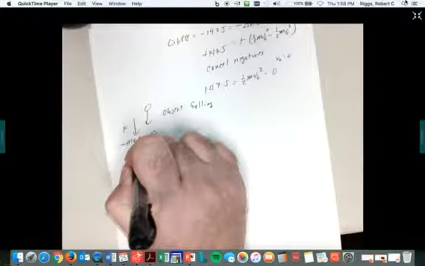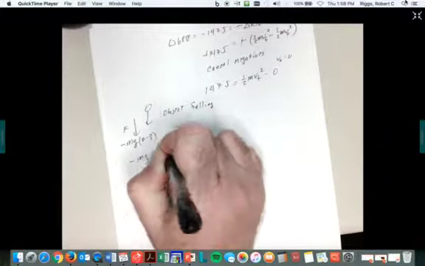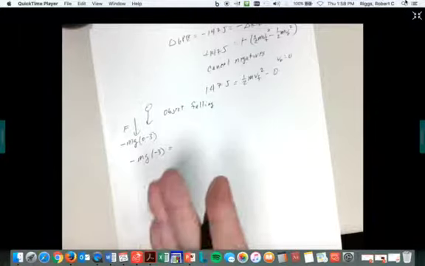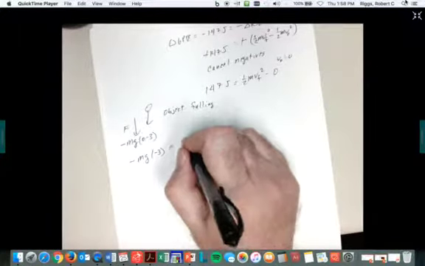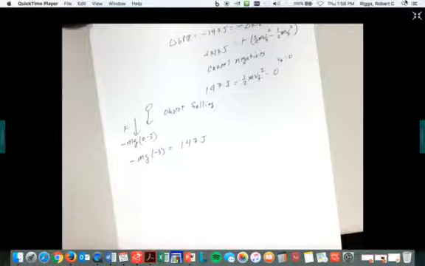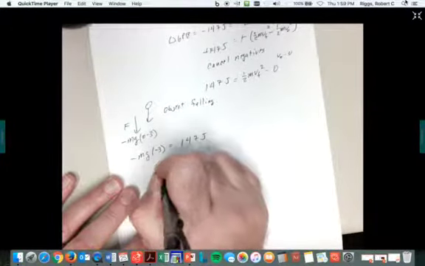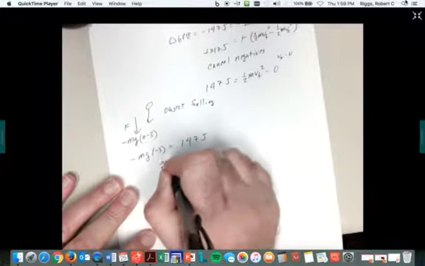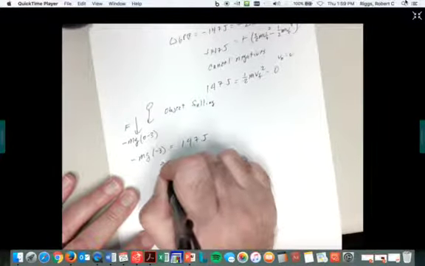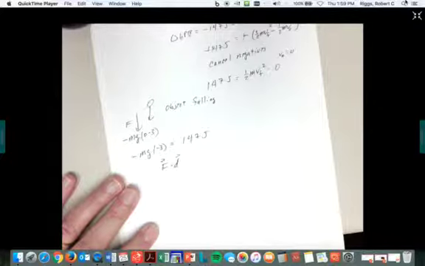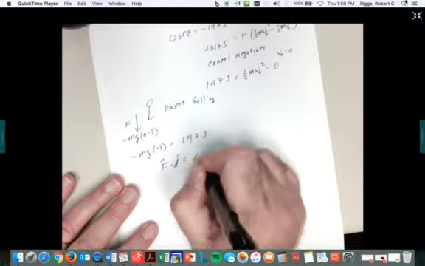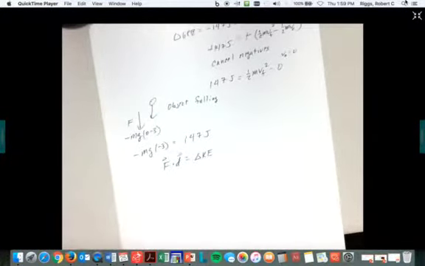So I've got minus mg times negative 3, which gives me again 147 joules positive, okay? Which we know that force times distance is equal to the change in kinetic energy, all right?